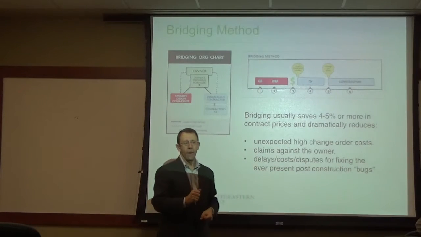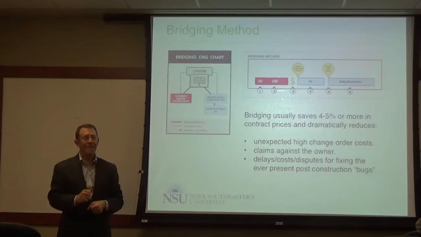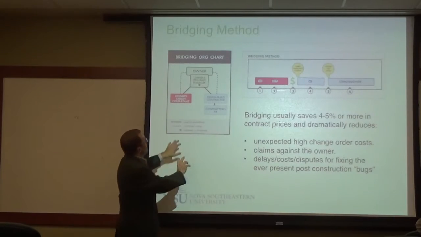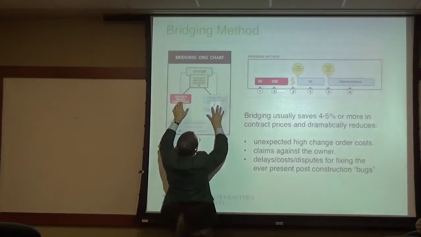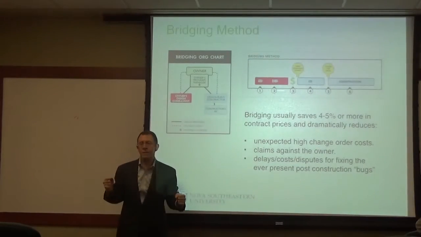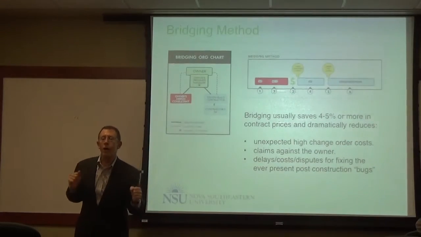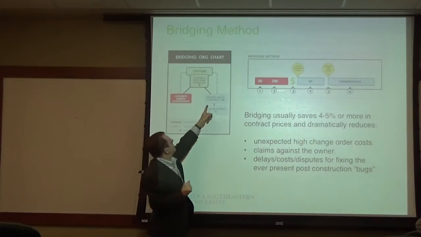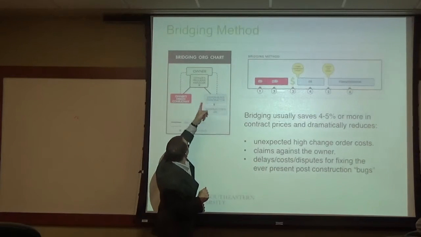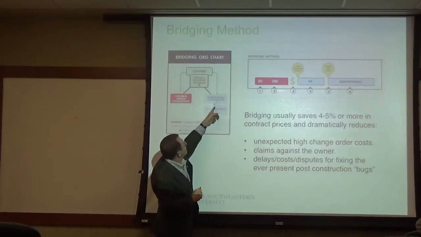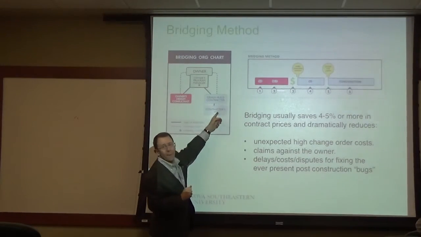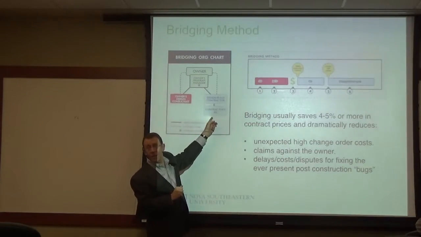That's just a design-build with an advisor that's an architect. That's right, and we in effect bridge the process to get rid of the inherent conflict of interest, so that these people are actually being watched or checked.